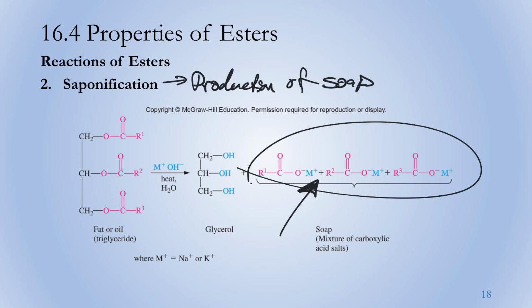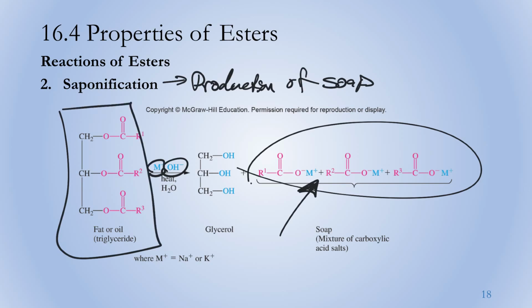And you can see you have some metal ion and a hydroxide reacting with this, which is a fat or oil, and we'll go over those in the next chapter. So it's a good segue into the next chapter.